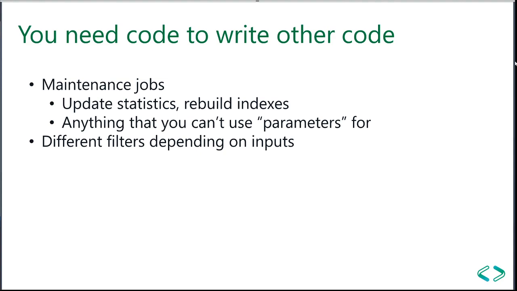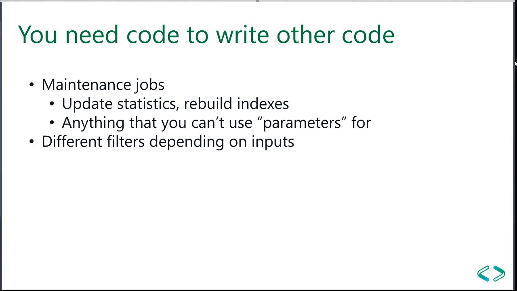Or if you want to write a query that has different filters depending on different inputs, because you've seen people, like my friend Erik Darling especially, who has a lot of these really nice bite-sized vlogs you can go watch, where he talks about how to write one of these catch-all queries that doesn't have the wrong thing in it at the wrong time.